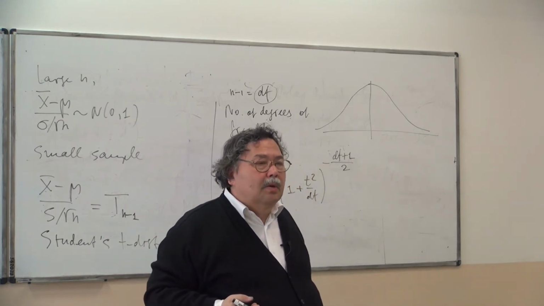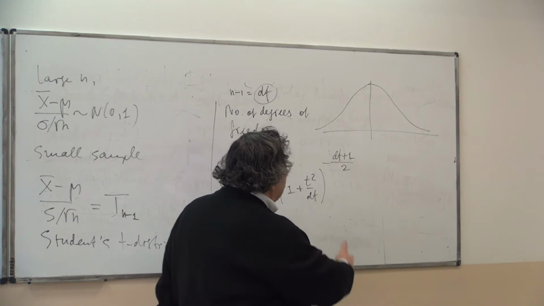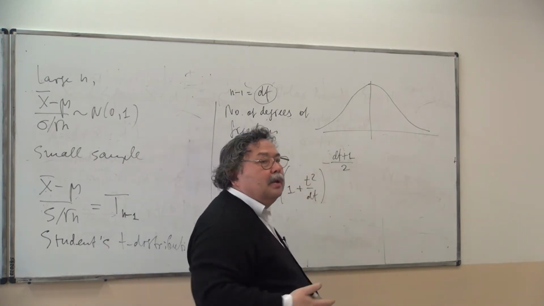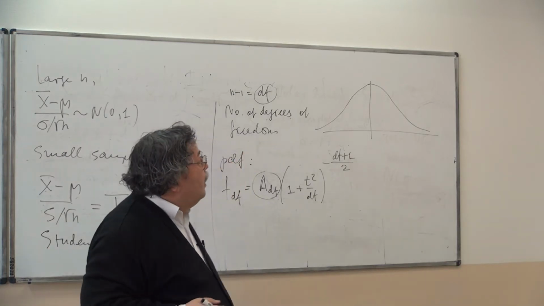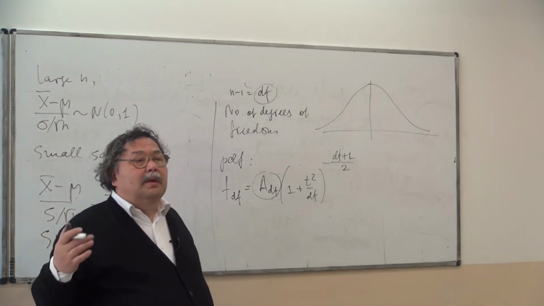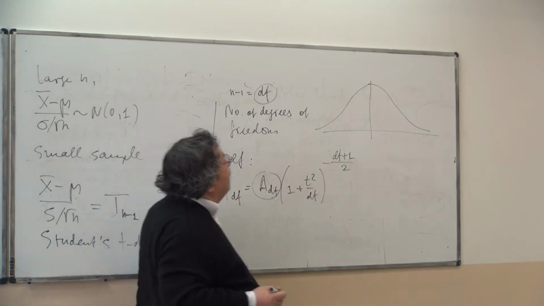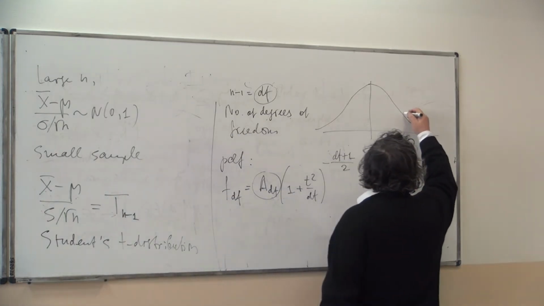So maybe, as a wild guess, it's the same function as the normal distribution. Well, the answer is no, it's not the same function. It's a rational function, and the normal distribution is an exponential function. And how do these two relate to each other? Now, the relation is this.